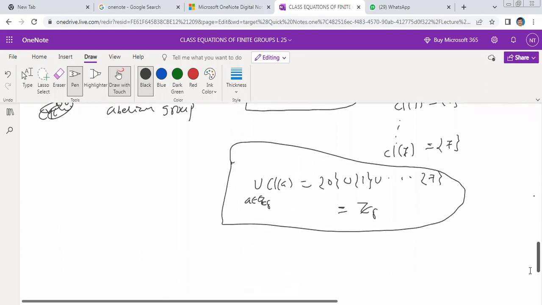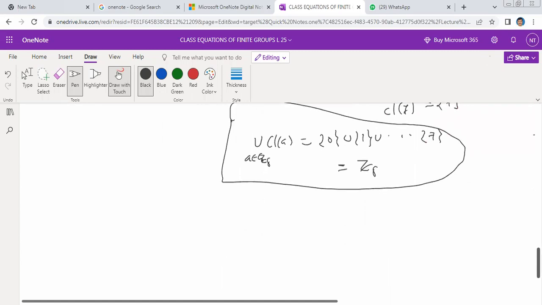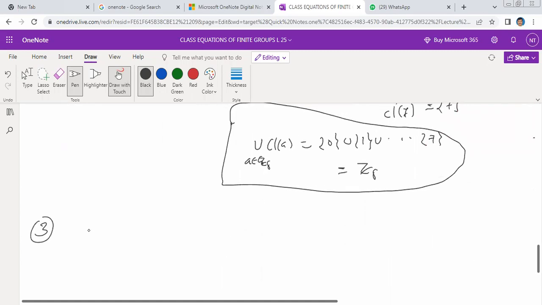Suppose I am taking a non-abelian group. My third point is, I am taking a group G equal to Z6 cross Z8.